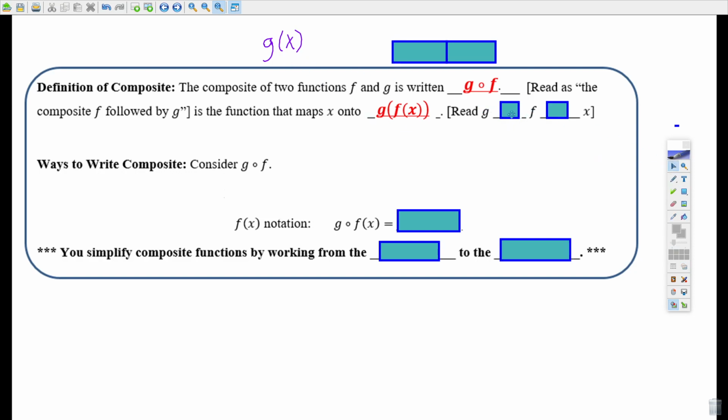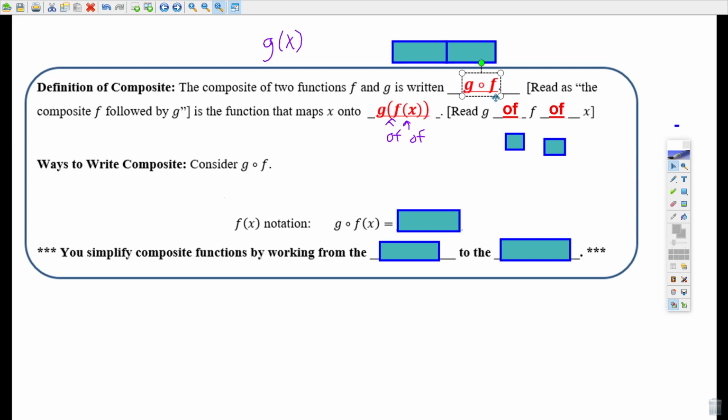So you read that as, fill in the blanks as we go, g of, right? The word "of" is like right here, of f. And what goes next? There's no set of parentheses. Of again. So the way to read this is g of f of x. G of f of x.